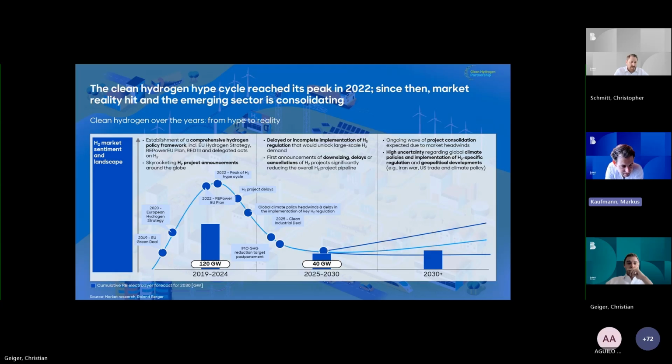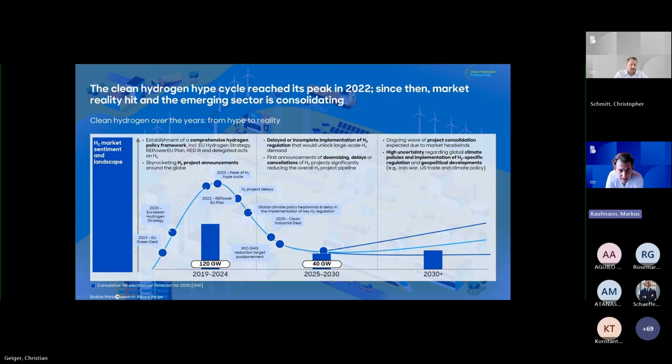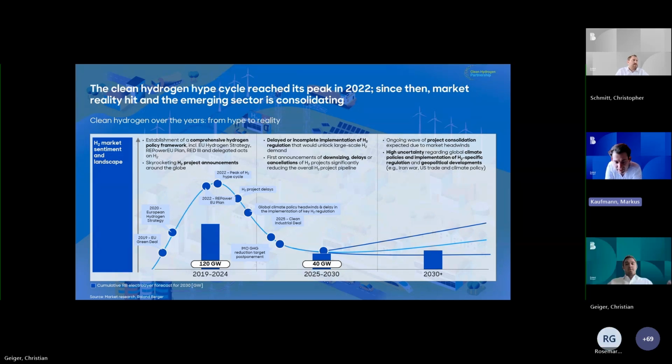We currently assess that about 40 gigawatts, so roughly 10% of all the projects that have been announced, will actually be implemented and be operational as of the end of the year 2030. Which is still, from where we are today and where we were at the beginning of the decade, a massive growth story. The growth story is comparable to that of renewables, for instance PV, in their first decade of real deployment.